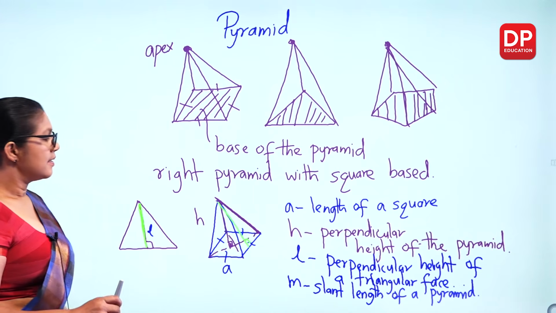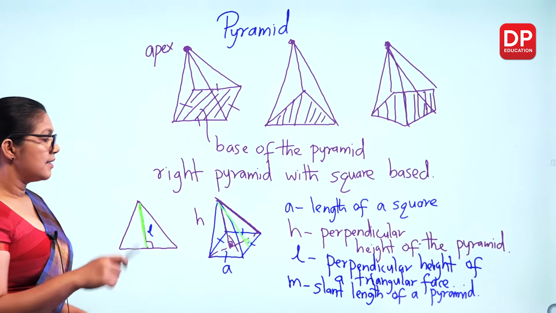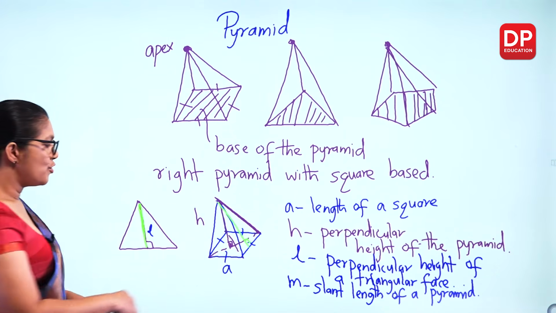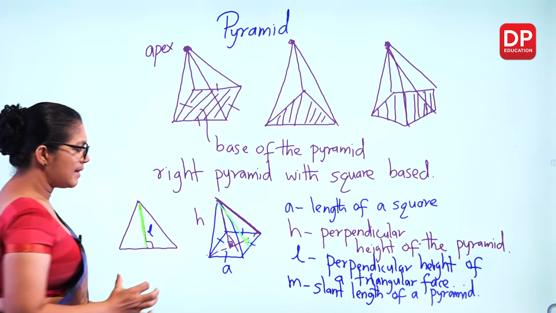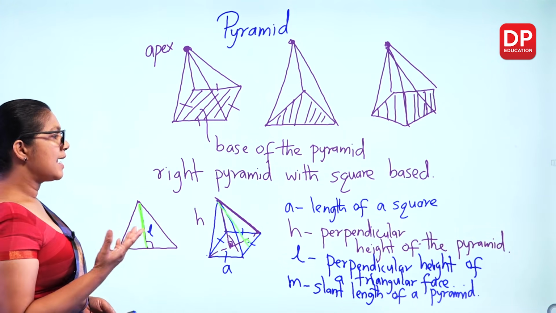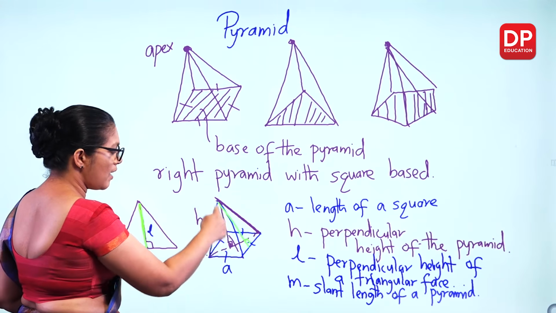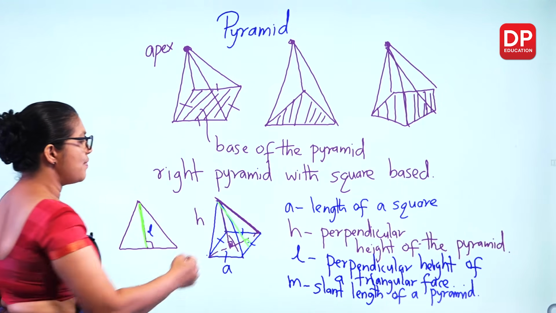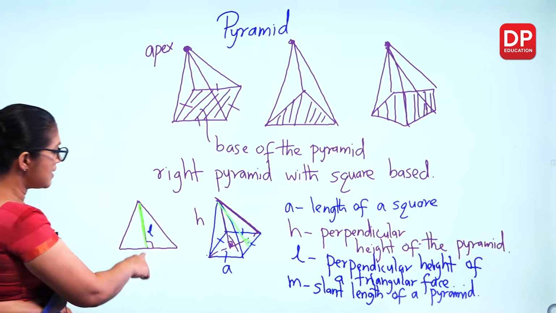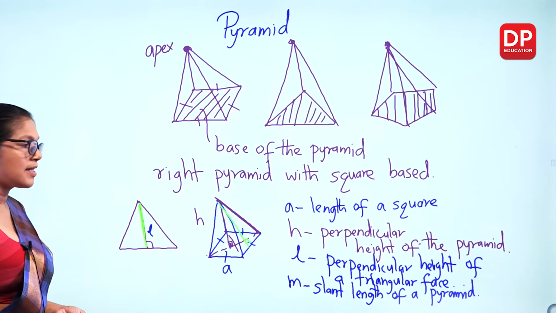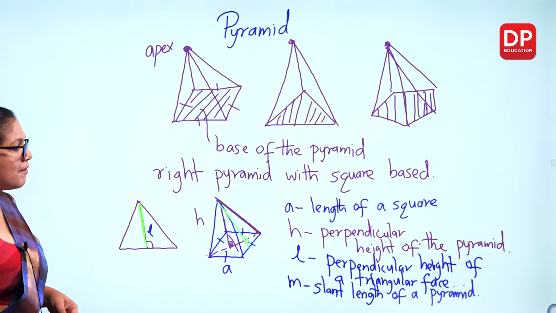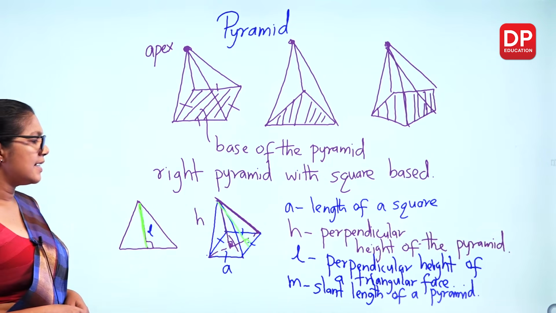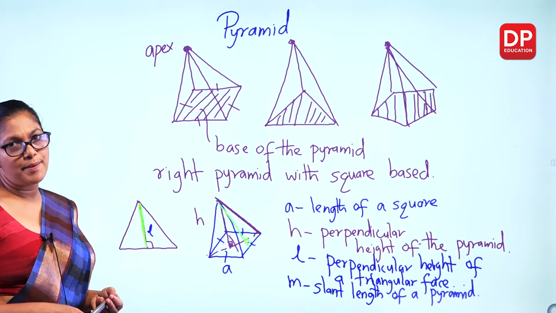And those are the lengths that you need to know. You need to know the base length, we'll take A, and the perpendicular height of the pyramid we take as H, and then L. L is the perpendicular height of the triangular face, and M we can take as the slant length of a pyramid.